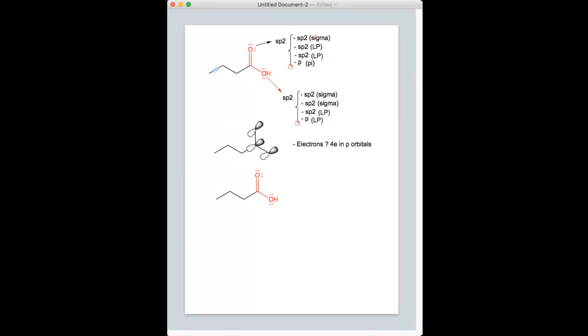So this single Lewis structure fails to show the real electronic structure of this molecule.